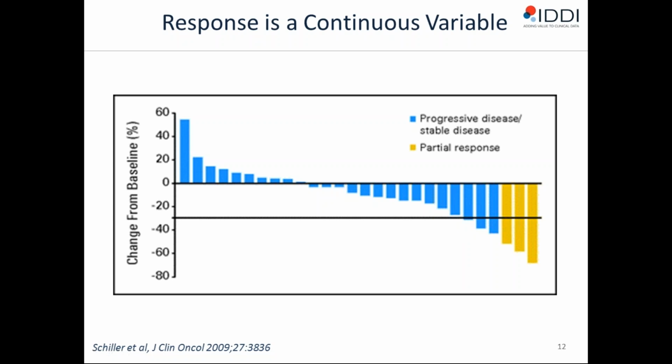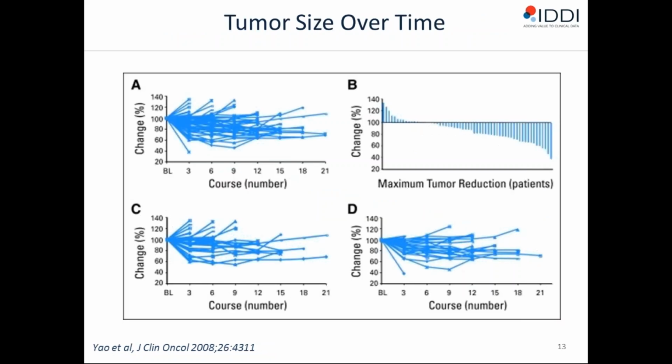So not only is response a continuous variable, but it can also be measured over time. And that's what is depicted typically as these, some people call these spider plots, some people call them spaghetti plots, but that's what these plots try to depict. In individual patients, the tumor size over time in relation to baseline, and then you can have an idea for individual patients what's happening with their tumor burden.